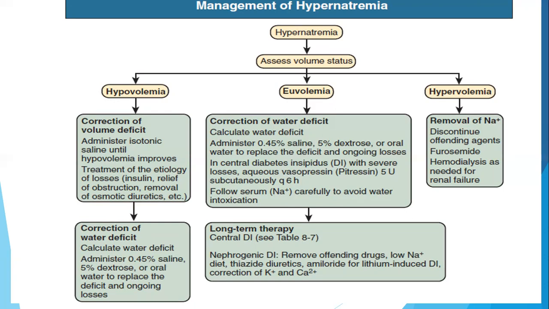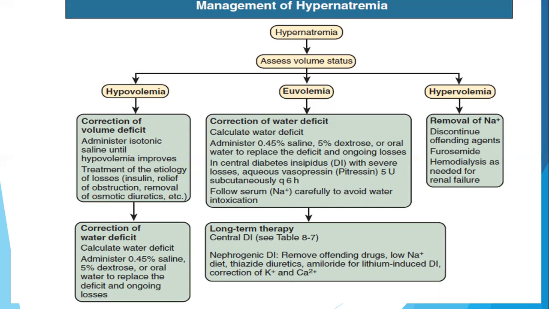If the patient is hypovolemic, we need to first correct the volume deficit, which can be done with isotonic saline until the hypovolemia improves. Once it's done, then we move forward to the correction of the water deficit, which is done with hypotonic saline, 5% dextrose, or oral water.